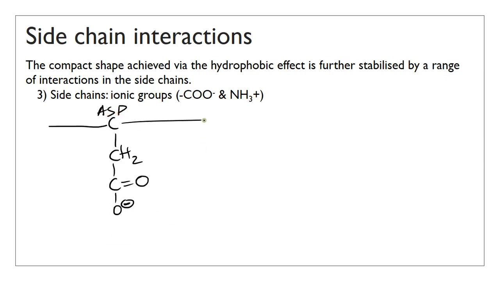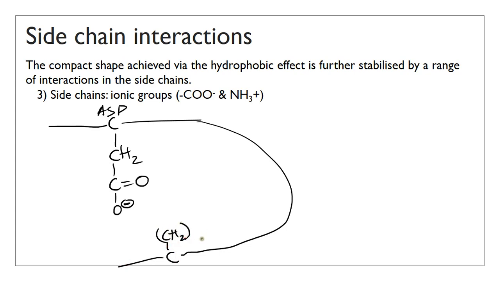And then let's say on the other side, we're going to keep it with the same chain here. I can't remember any base. So CH2, let's cheat and just put 4, and then you have an NH3 plus.